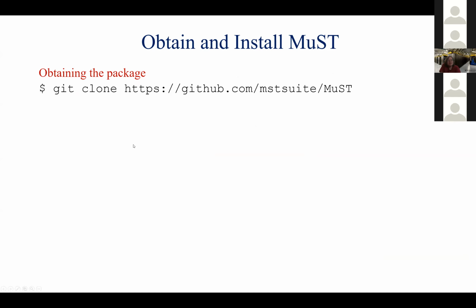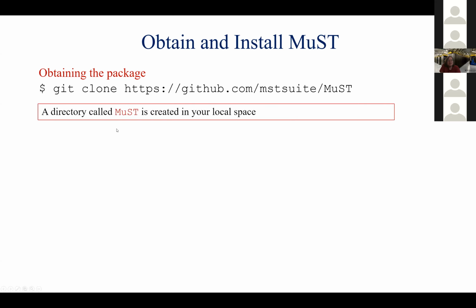Once you do that, the package will be downloaded onto your local computer, and a MuST directory will be created in the local space. In MuST, you're going to see a lot of subdirectories and files. Once you do this step, you've got the package.